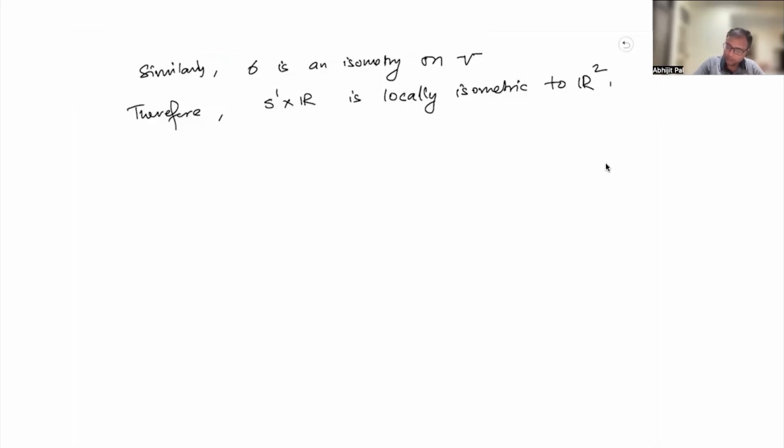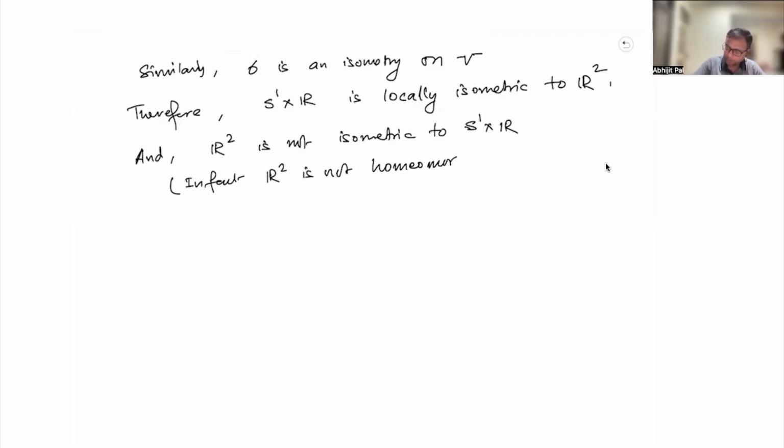And R2 is not isometric to the cylinder. In fact, R2 is not homeomorphic to the cylinder.